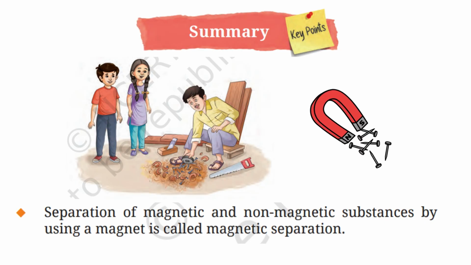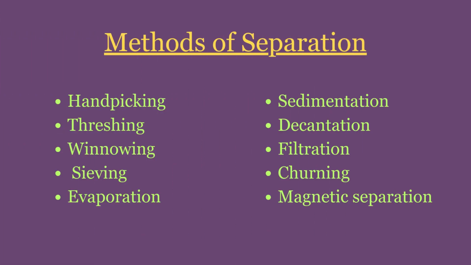And separation of magnetic and non-magnetic substances by using a magnet is called magnetic separation. For example, separating iron powder from sawdust. So, students, different methods of separation are used based on the nature of the substances, like size, weight, solubility, and magnetism.